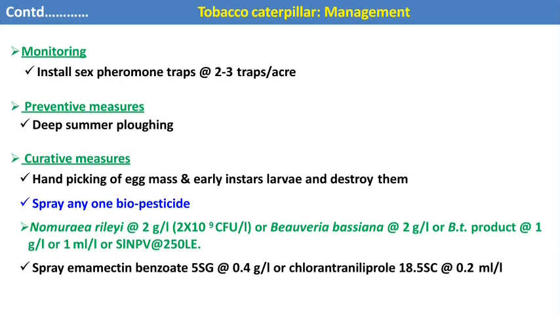Beauveria bassana is also an entomopathogenic fungus or biopesticide. Bacillus thuringiensis is an insect bacterium, and SLNPV is an insect virus. All these biopesticides are very effective against Spodoptera litura. For chemical control, emamectin benzoate and chlorantraniliprole are the recommended insecticides against tobacco leaf-eating caterpillars in the soybean crop.